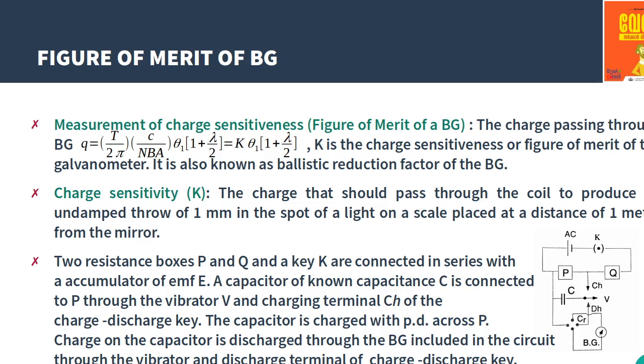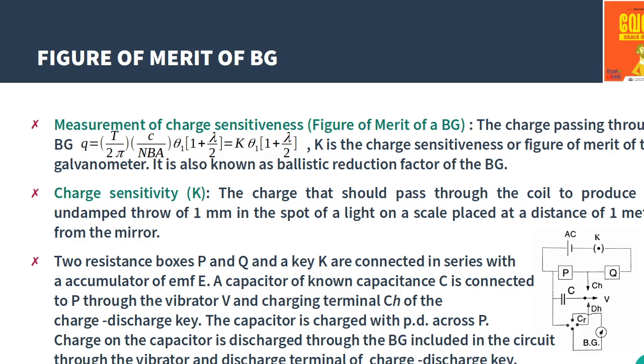So how can we measure this charge sensitivity? Here what we should measure is charge. In order to store the charge, we should use a capacitor. So in the circuit, the same type of circuit we used earlier, instead of resistance R, here we will have a capacitor.